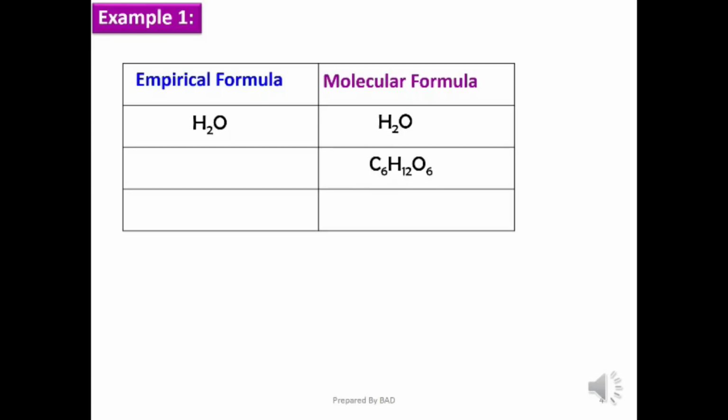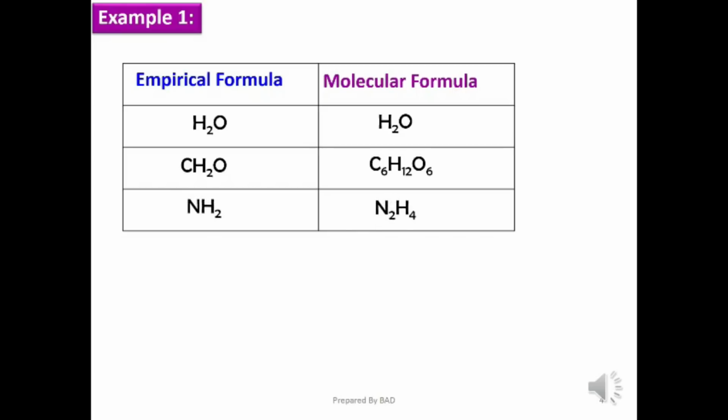This is glucose. In one molecule of glucose we have 6 atoms of carbon, 12 atoms of hydrogen, and 6 atoms of oxygen. And the simplest ratio for C6H12O6 will become CH2O. So this is the empirical formula for glucose.